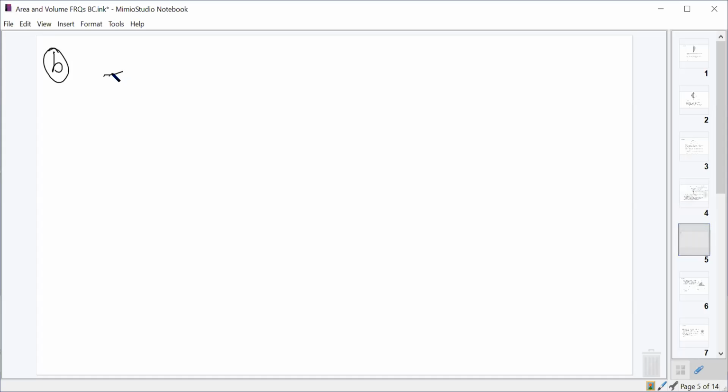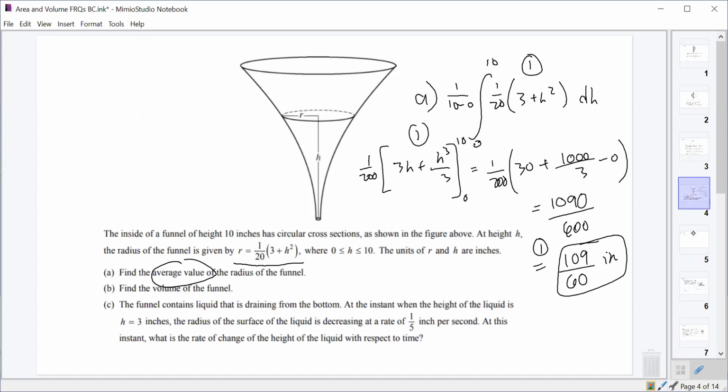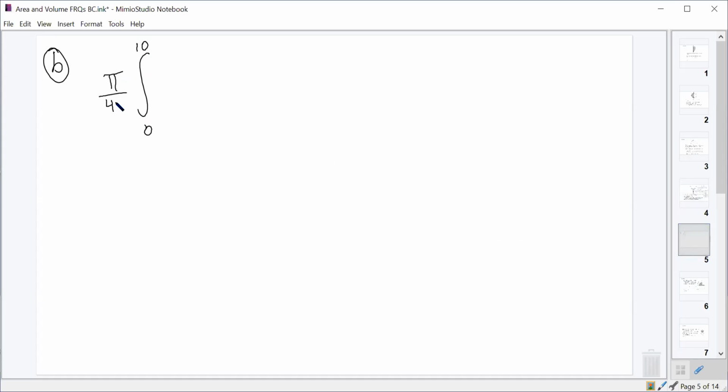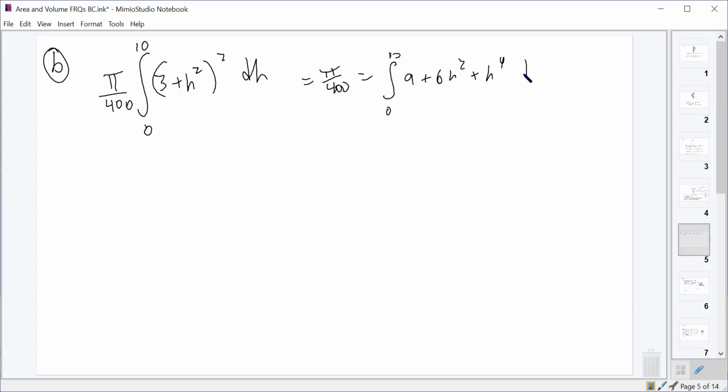So we'll have pi, 0 to 10, and now I already forgot what our radius function was. 1/20th out in the front, so I'm going to put that as a 1/400th here, and then it's just 3 plus h squared dh. Note that I made sure I squared that 20 out there. And we'll distribute this out, pi over 400 times 9 plus 6h squared plus h to the 4th dh.